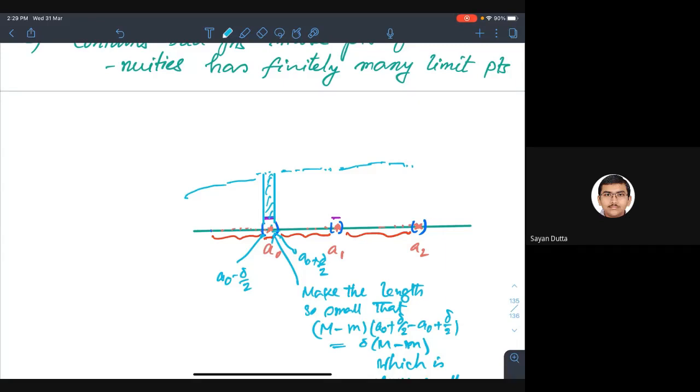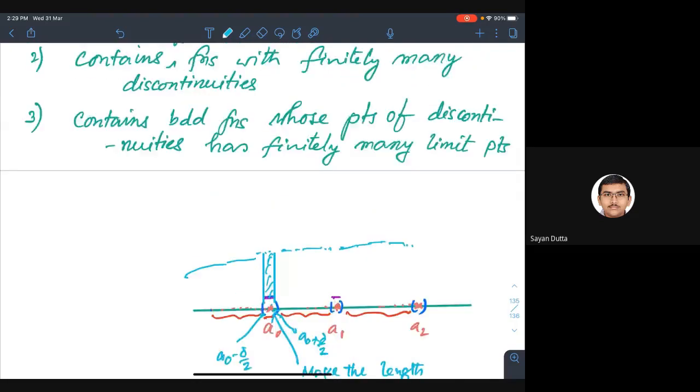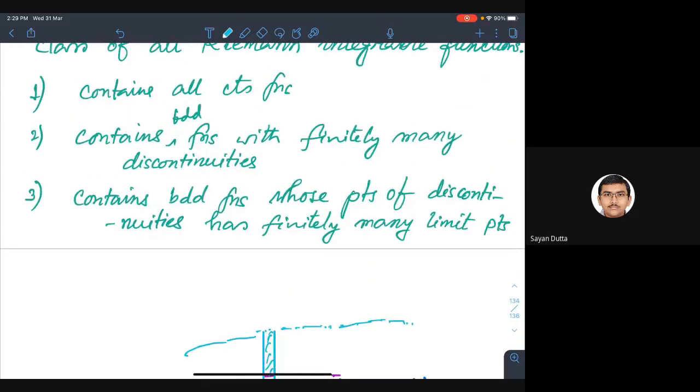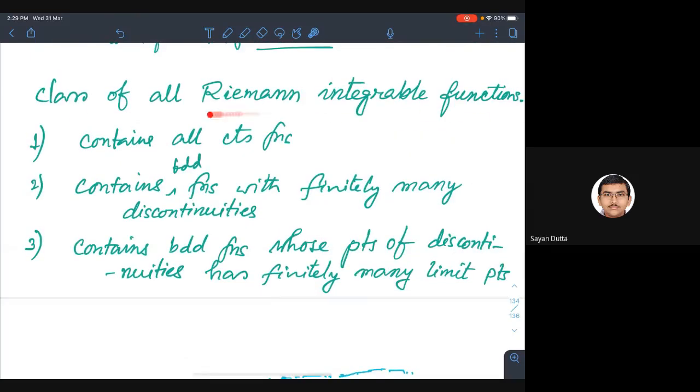I'm not going to present it in the class because that is quite technical. But what you need to know is that this class of functions is there in the class of all Riemann integrable functions. All right?